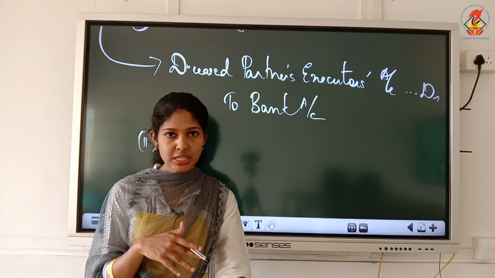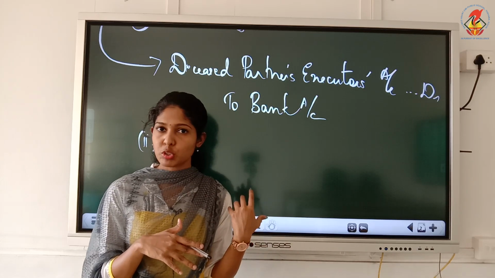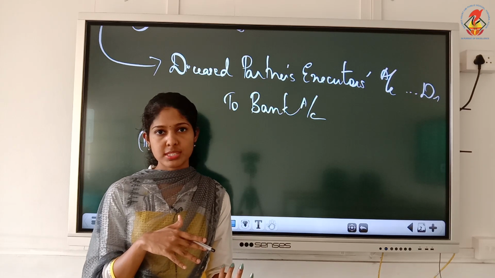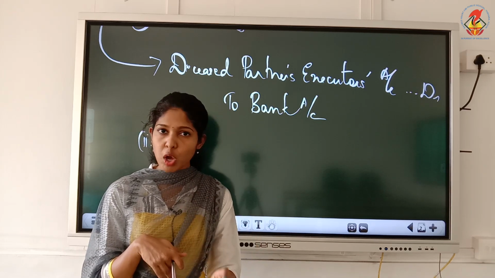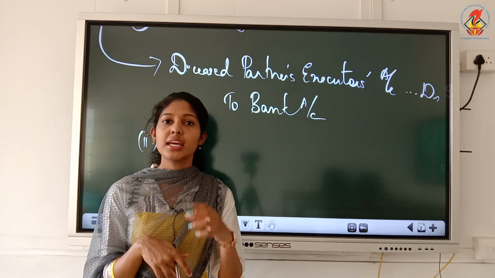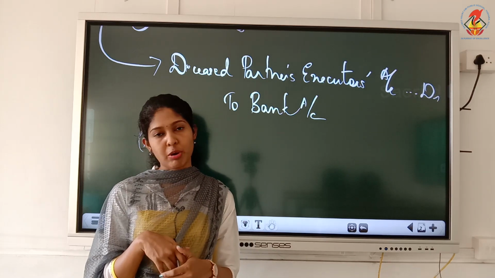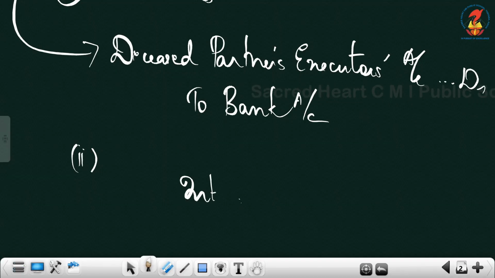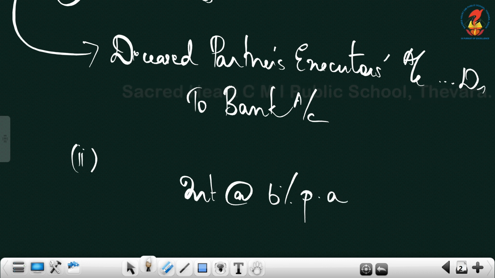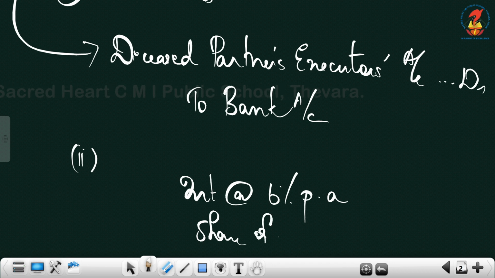We had to pay them interest. So here also we will have to pay interest when you pay in installments. But the representatives or executors have an option to choose between interest or share of profit. They can either choose interest at the rate of 6% per annum, that is one option, or they can choose the share of profit.